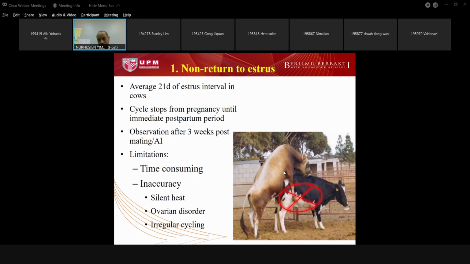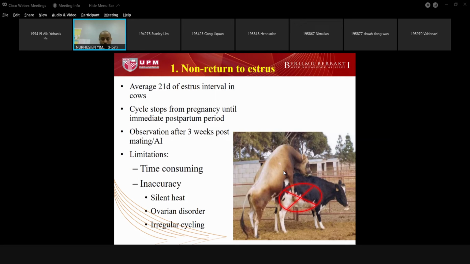So as you can see here, if a cow is seen like this after 21 days post-insemination or post-breeding, then what do you think? We are going to presume that this cow is not pregnant, because this is the most definitive heat sign that you can see in a cow showing estrus: standing to be mounted.